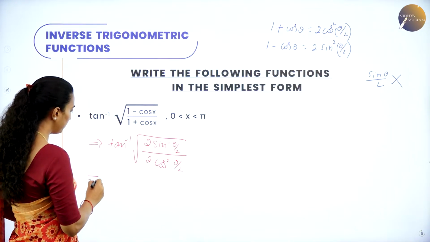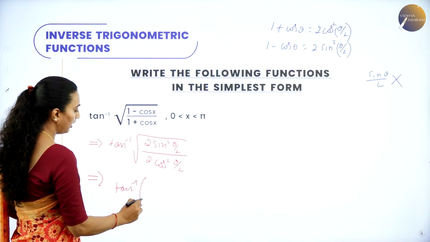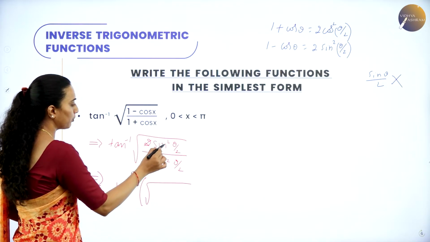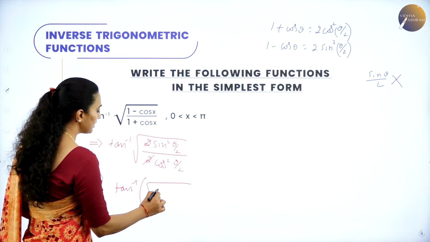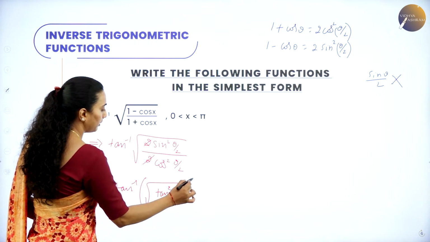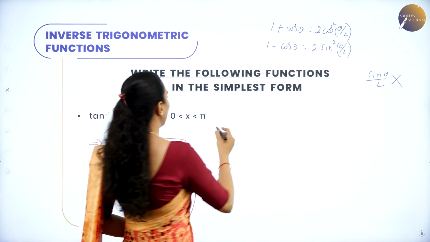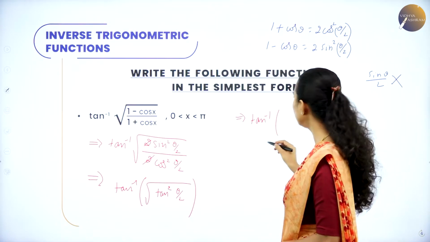So therefore, tan inverse of under root, 2 will get cancelled. Sin squared theta by 2 divided by cos squared theta by 2 is tan squared theta by 2. Correct? Now the under root will cancel. Therefore, you are going to remain with tan inverse of, what is that?